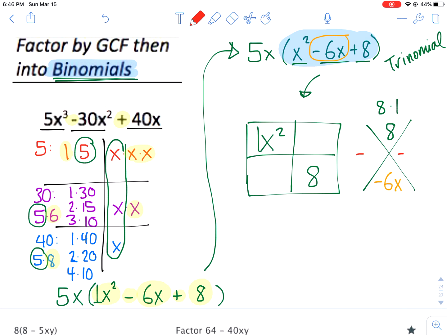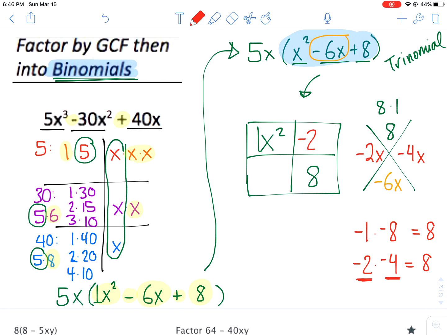So our options are negative 1 times negative 8, which is 8, or negative 2 times negative 4, which is also 8. If you notice, negative 2 plus negative 4 is negative 6x. So those are the numbers that we need to use.